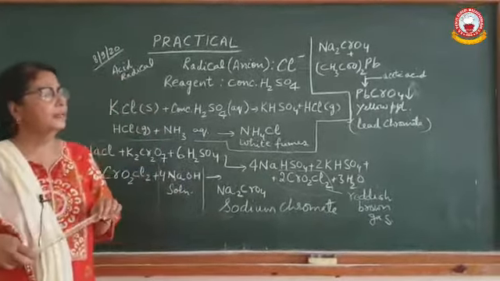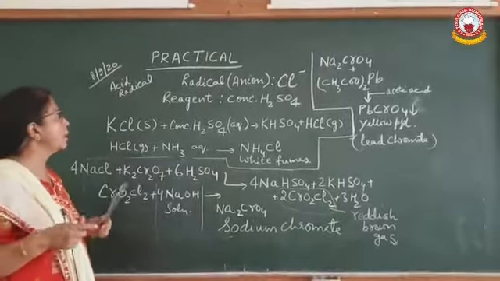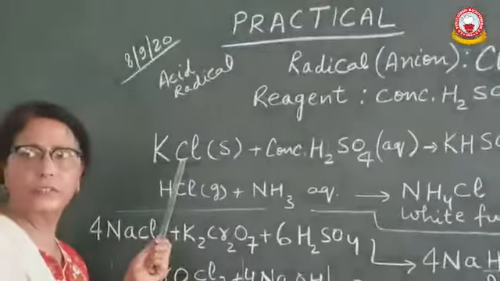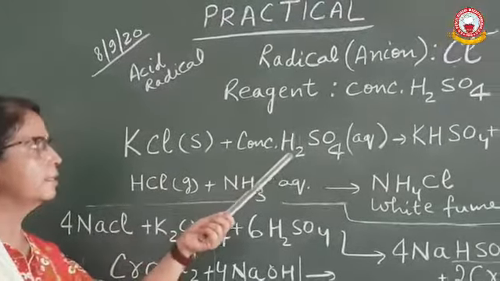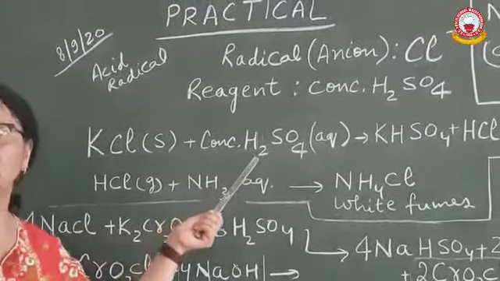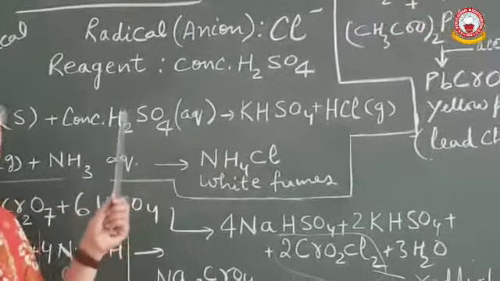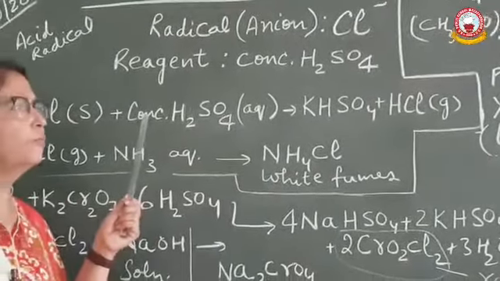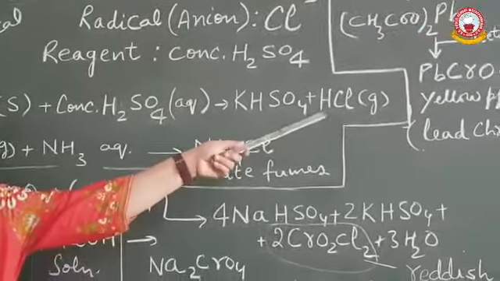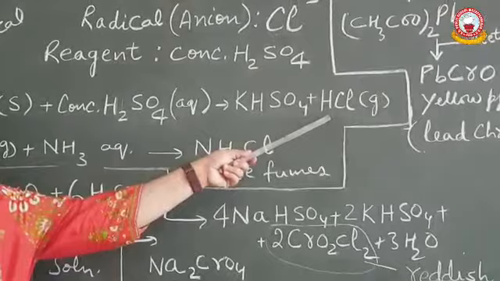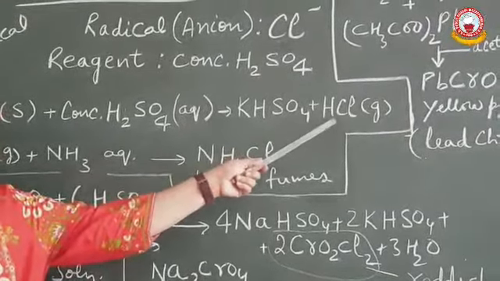Now discussing the individual test for chloride, it is like this. This is the salt which contains chloride. It is reacted with concentrated sulfuric acid, and either in cold or in warm you will find that some pungent smelling gas comes out, and that pungent smelling gas is of HCl.